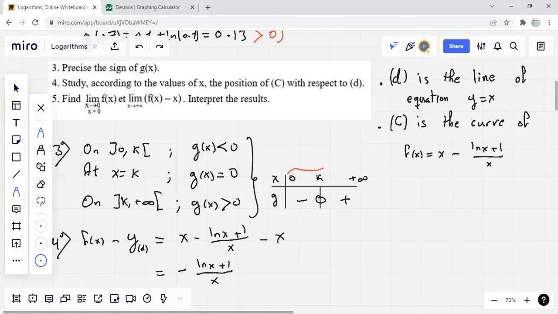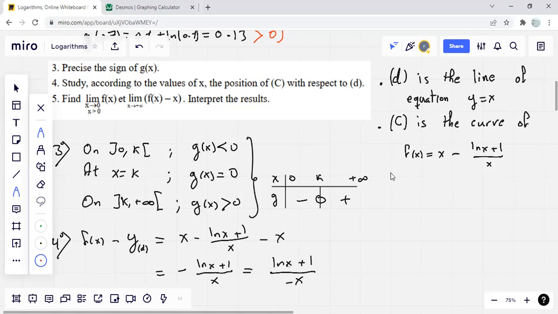The domain of definition is 0 plus infinity. So x here is always positive, and we have the minus sign over here. So I can write this fraction as follows: ln x plus 1 all over minus x.